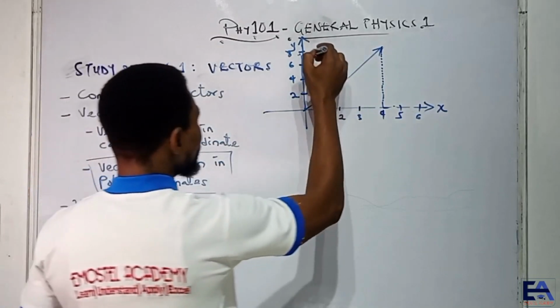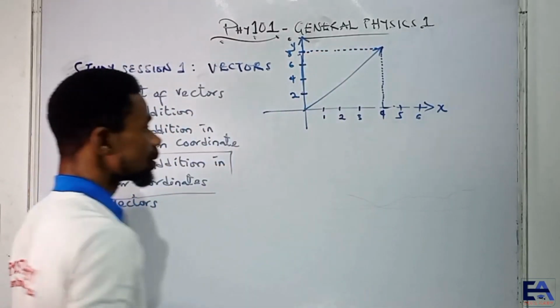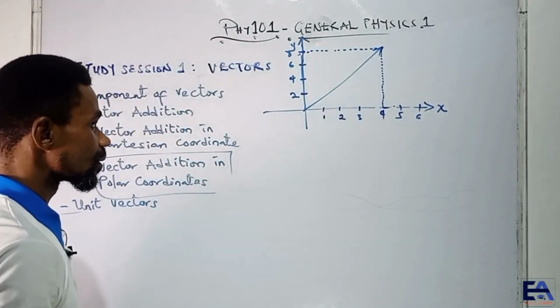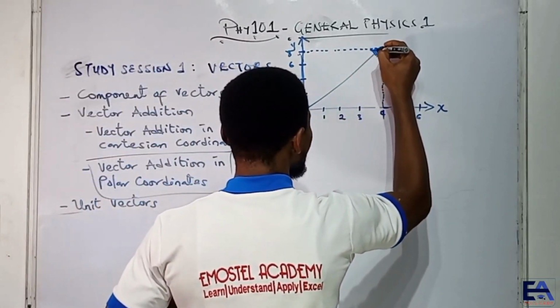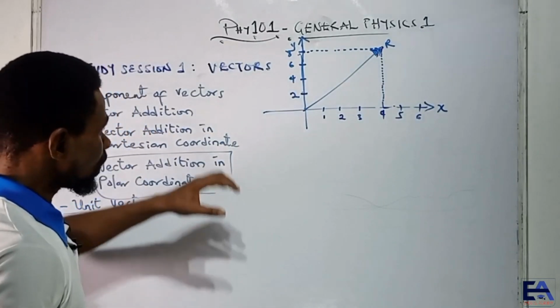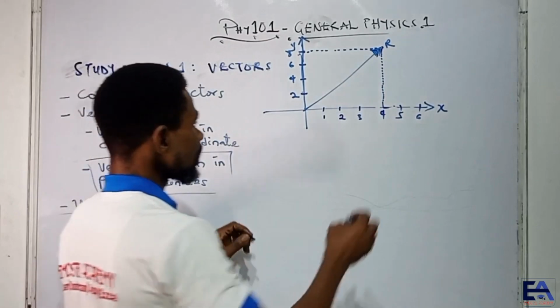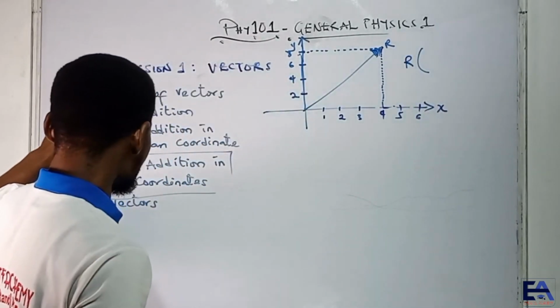And then we bring this one here like this, and we trace it to the y-axis. But we're still talking about this vector r. If you do this, you can say vector r is in the form of Cartesian coordinates now.